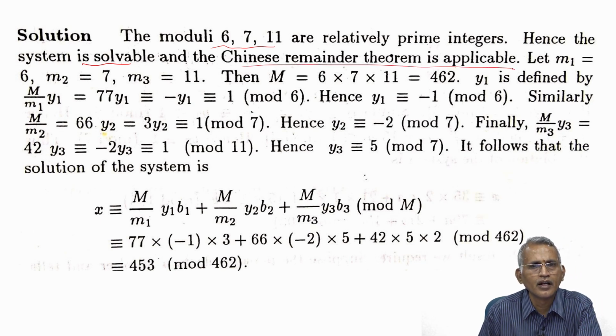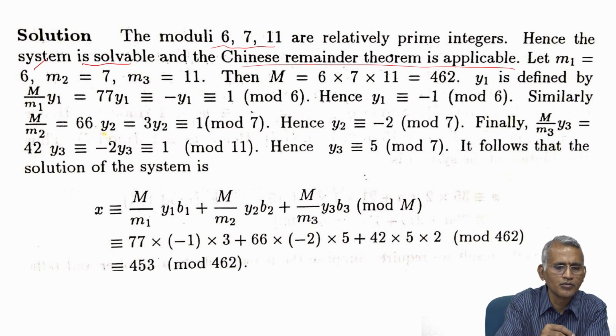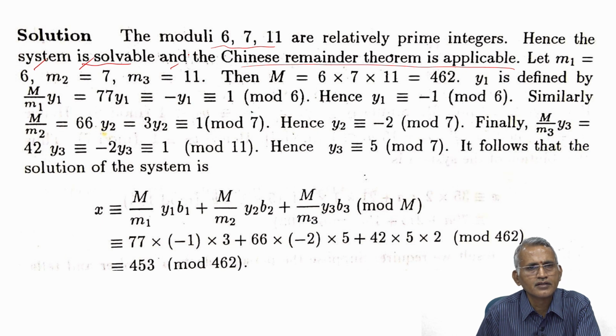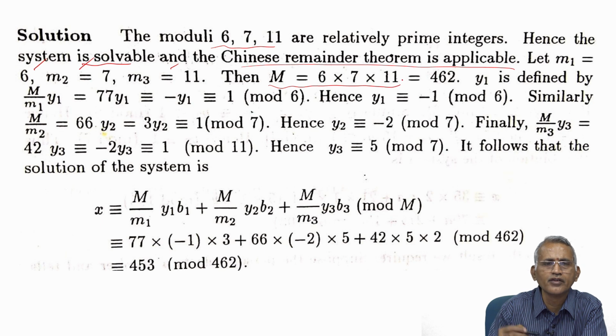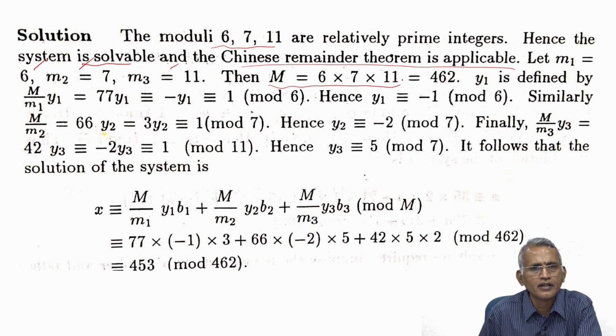So, let m1 equal to 6, m2 equal to 7, m3 equal to 11, and capital M is the product of m1 into m2 into m3, which is equal to 462. And y1 is defined by capital M by m1 into y1.